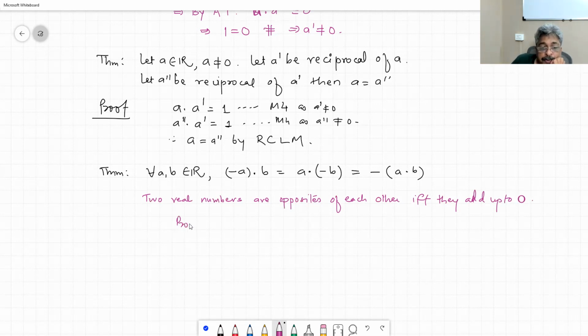Proof. Part 1: let A comma B belong to R, A plus B is equal to 0. By A4, A plus A dash is equal to 0 implies B is equal to A dash.